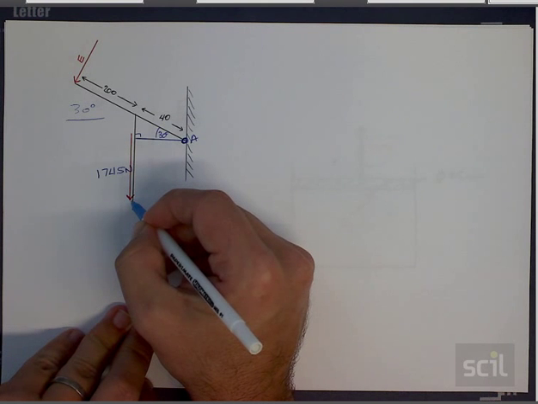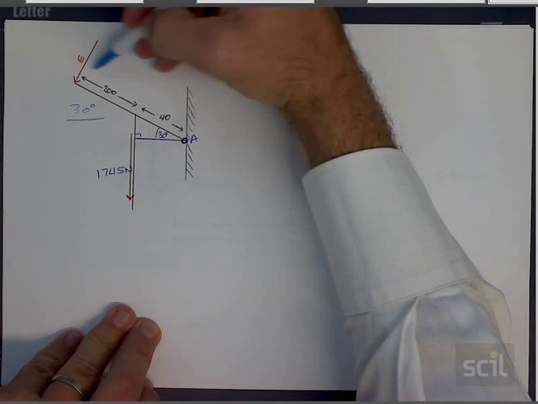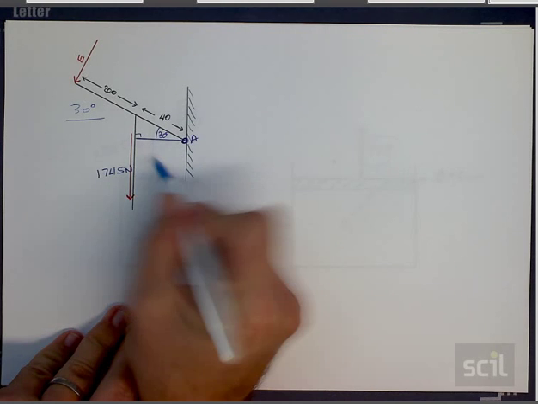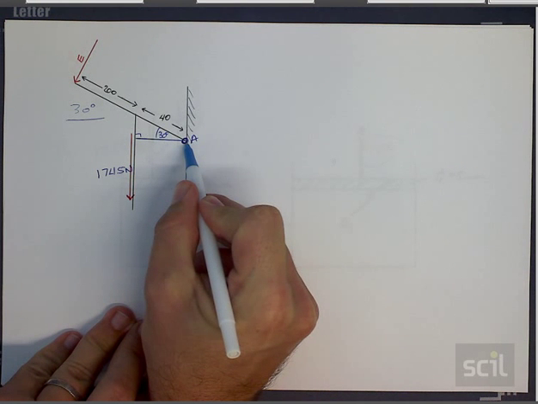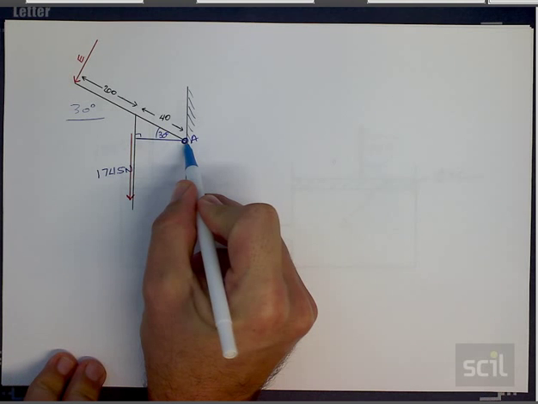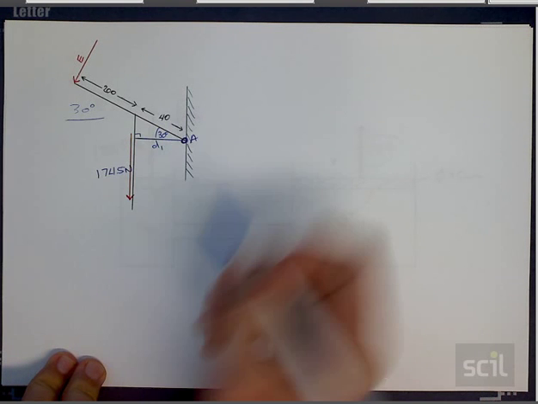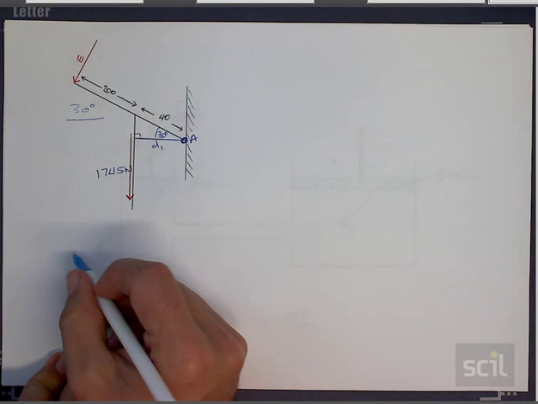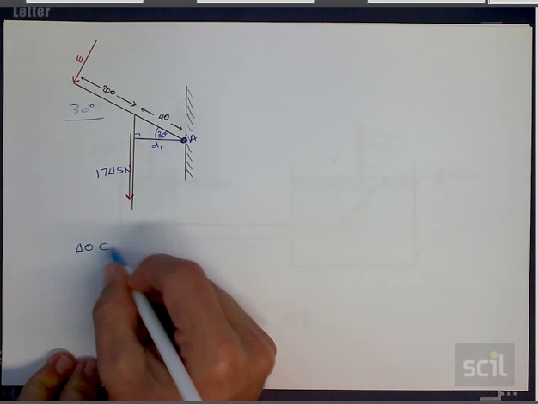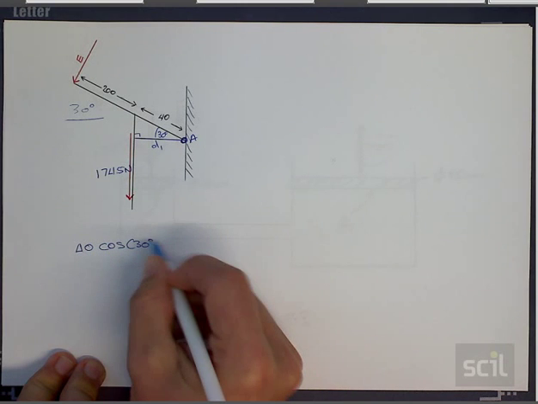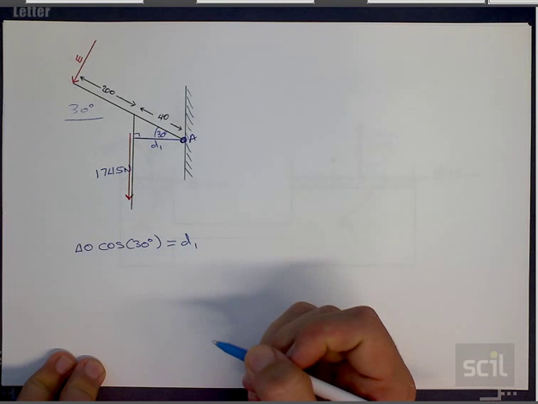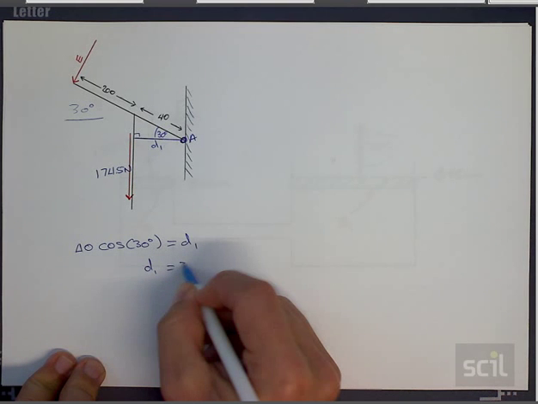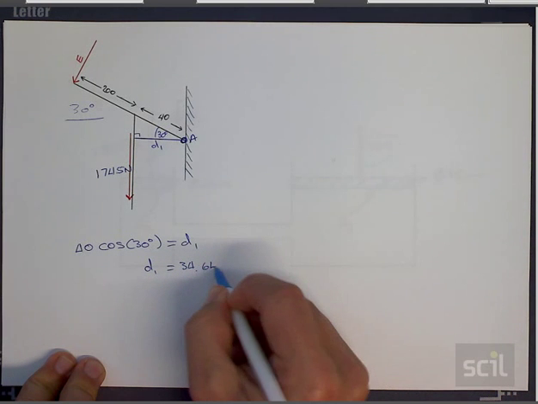Which ultimately means that this force multiplied by its perpendicular distance from A must equal this force multiplied by its perpendicular distance from A. So what we need to do is first of all calculate what distance 1 is equal to. And if you look at the diagram, this is 40 millimeters. What we can clearly see is that 40 cos of 30 degrees is equal to distance 1. And so that gives us a rough distance 1 of 34.64 millimeters.